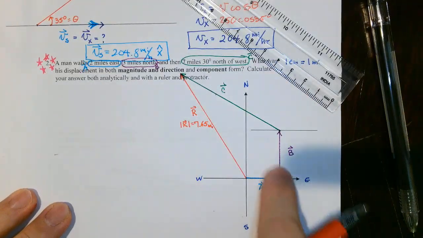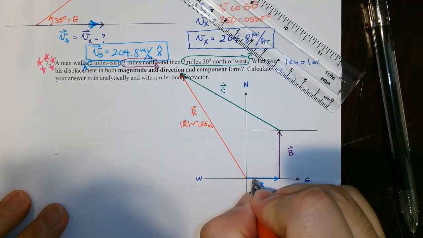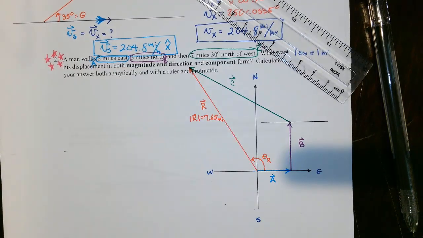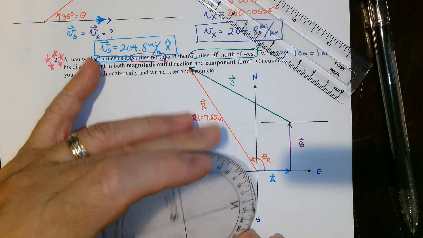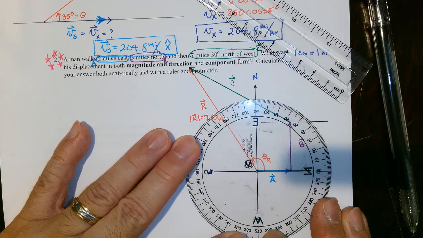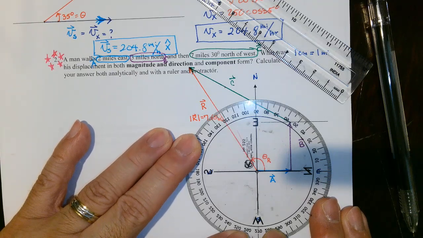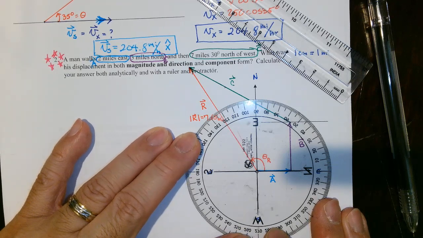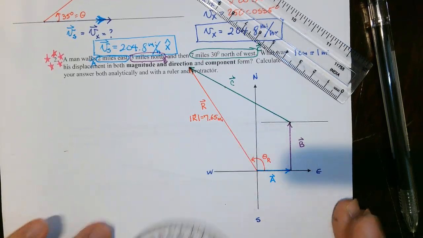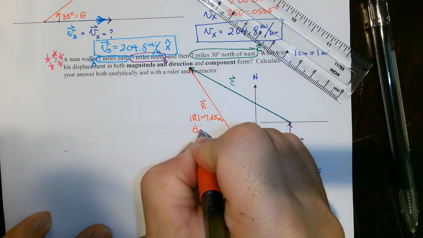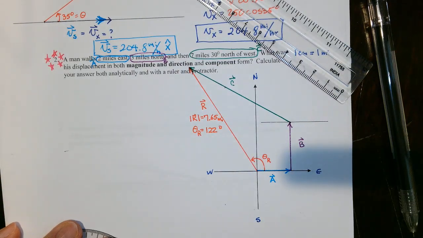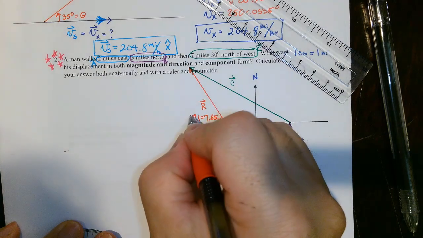Now the angle, this angle right here, this theta R, right? What is that? Well, we can measure that out. That looks like 122 right on the dot. All right, looks like 122 on the dot. So my theta R is equal to 122 degrees. All right, so these are measured values, right?